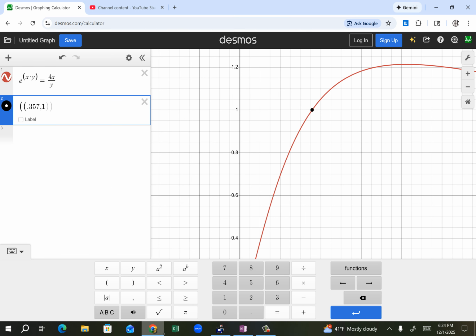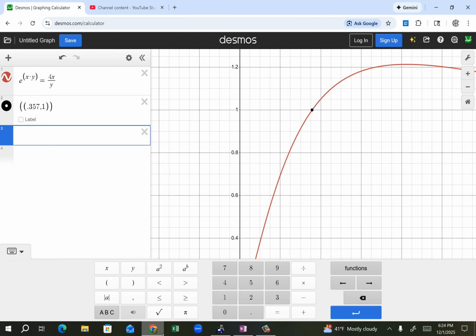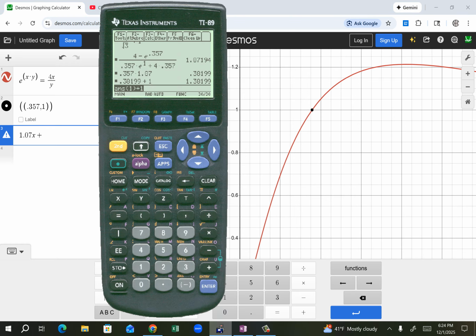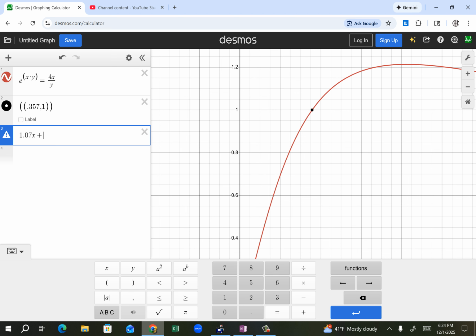This is how I know I'm right or not, because if I graph that, I should get a perfectly good tangent line there. So 1.07 x plus, what did I say? 1.38. And I think that's not going to work because I think I see where I made my mistake. Oops, 1.38.